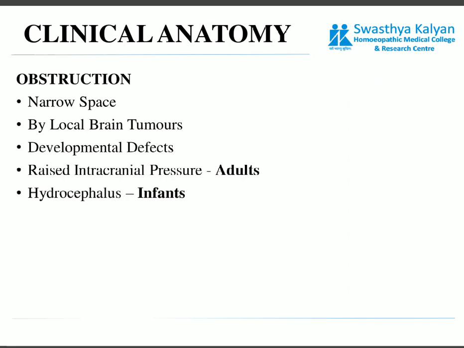In adults, there would be raised intracranial pressure because the CSF flow would be obstructed, leading to symptoms like vomiting, headache, papilloedema, nausea. Papilloedema is a condition related with the compression of the optic nerve, where there are visual disturbances. And in infants, there is hydrocephalus.